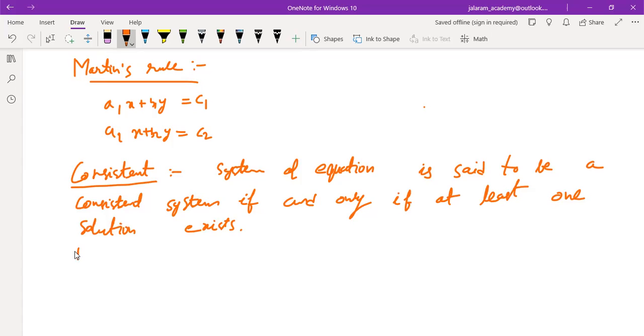And inconsistent when there is no solution. A system of equations is called inconsistent if there is no solution.